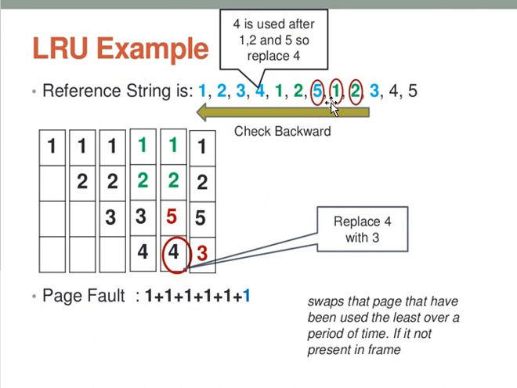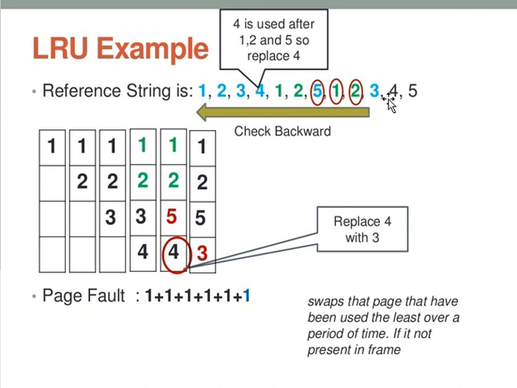So here 1 is here, 2 is here, 5 is here and 4 is the last used. Means from 4, 5 and 1, 2 we use the 4 last. So we have to replace page number 4 by a page number 3. So here we replace page number 4 by page number 3 and we increase the page fault count by a 1.